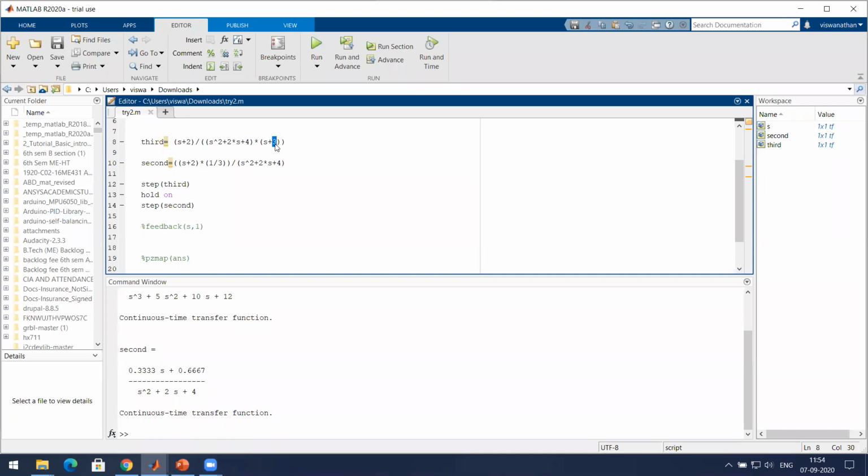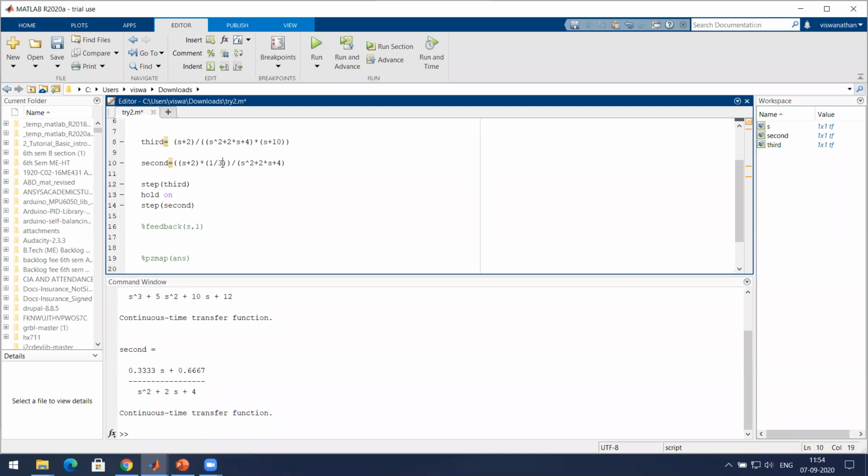Since s is equal to minus 3, it's not very far from the imaginary axis, so its effect on the response of the system is going to be much more than it is for s plus 10. So s plus 10 will not have much effect.